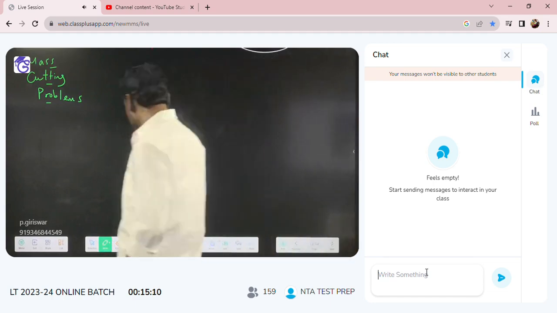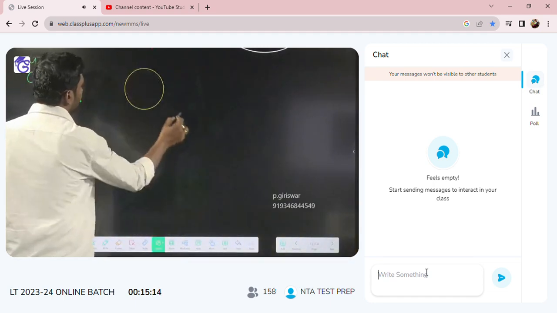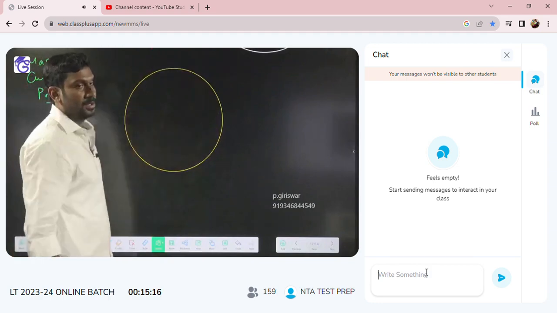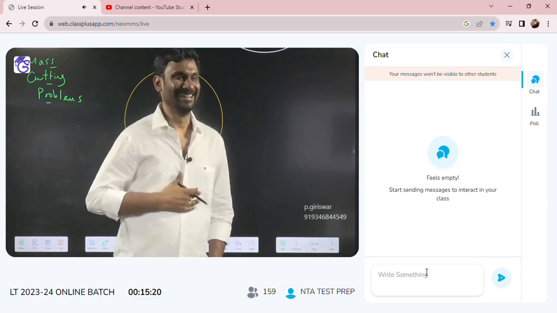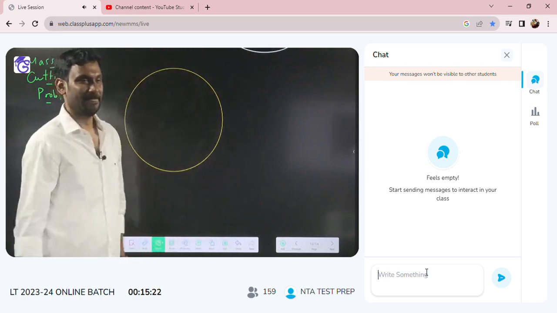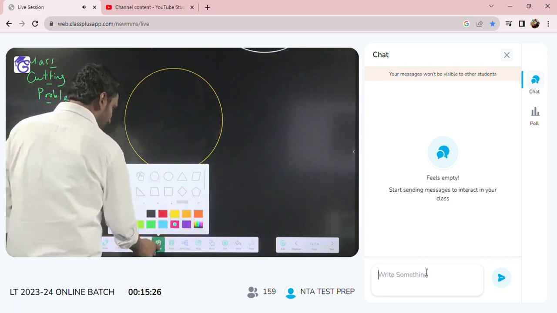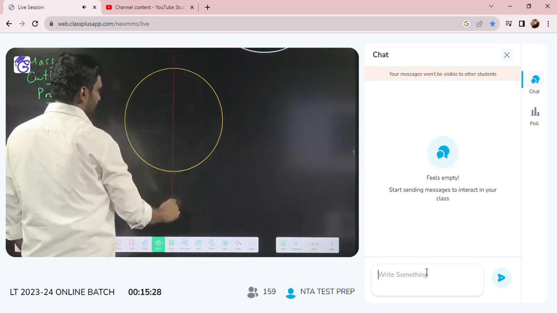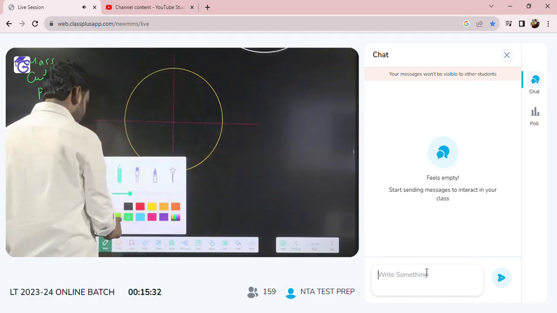What is that? So let me first have the diagram. This is the diagram. So I will consider, So this is a uniform disk. What is this, brother? This is a uniform disk.